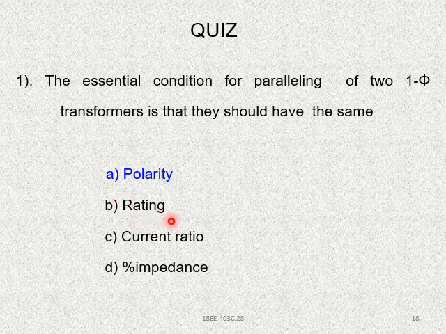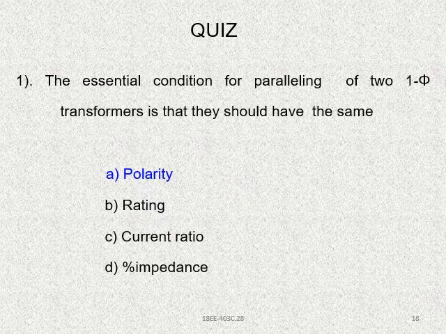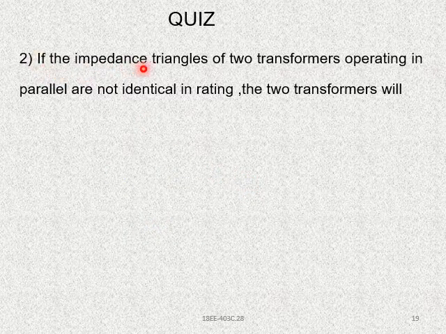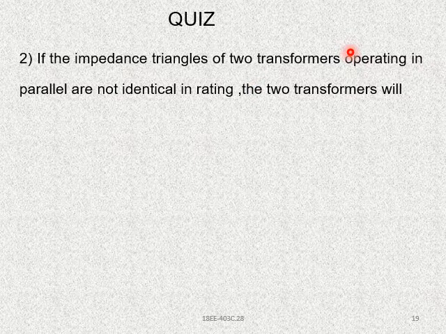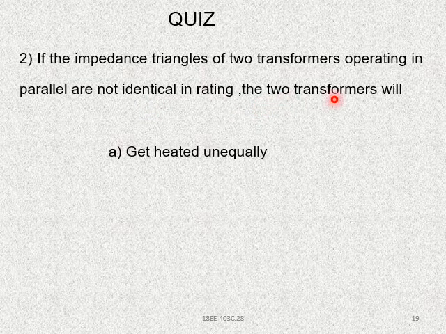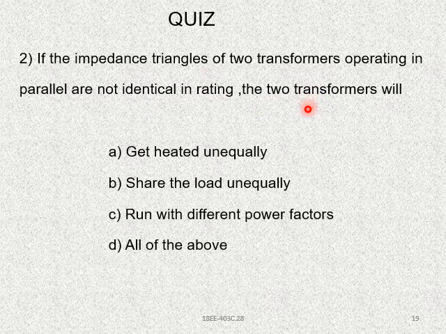So this is the first question in the quiz. The second one is, if the impedance triangles of two transformers operating in parallel are not identical, that means not the same in rating, then the two transformers will: get heated unequally, share the load unequally, run with different power factors, or all the above.